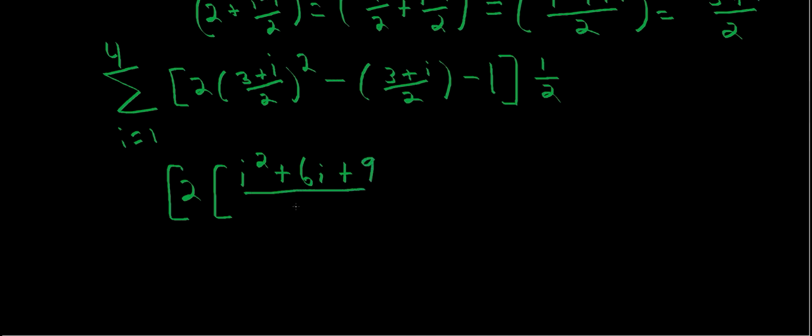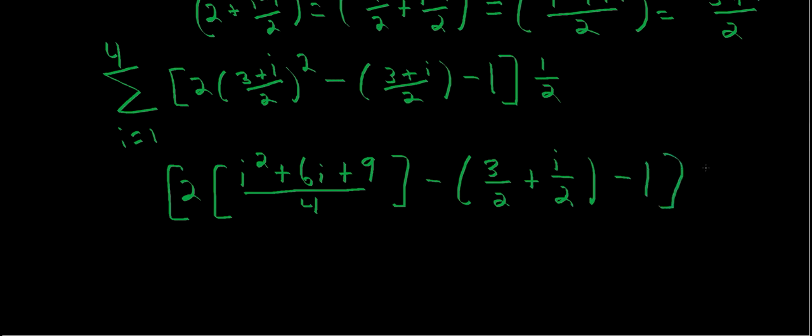And the denominator squared is just going to be 4. Minus, we can go ahead and break these two terms up. 3/2 plus I over 2. If you see what I did there, I just separated both of them. 3 plus I over 2 is the same as 3 over 2 plus I over 2. Minus 1, close parentheses, everything multiplied by 1/2.